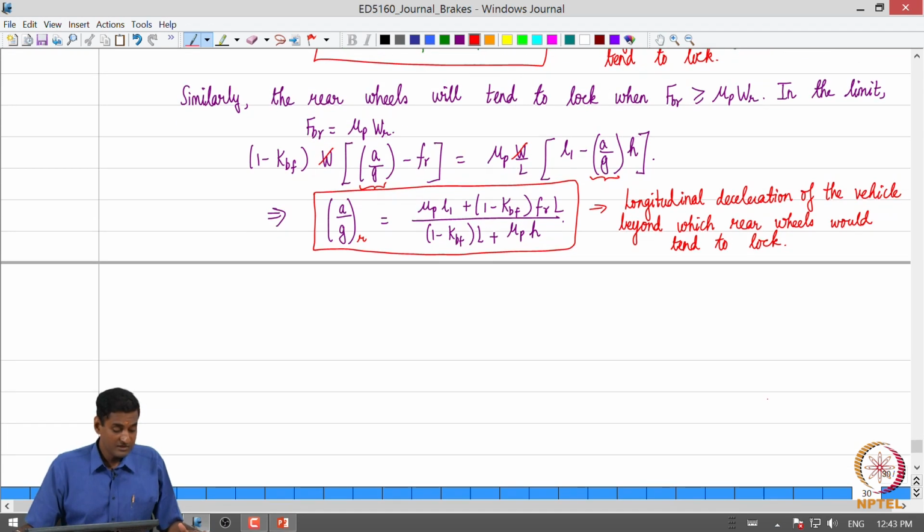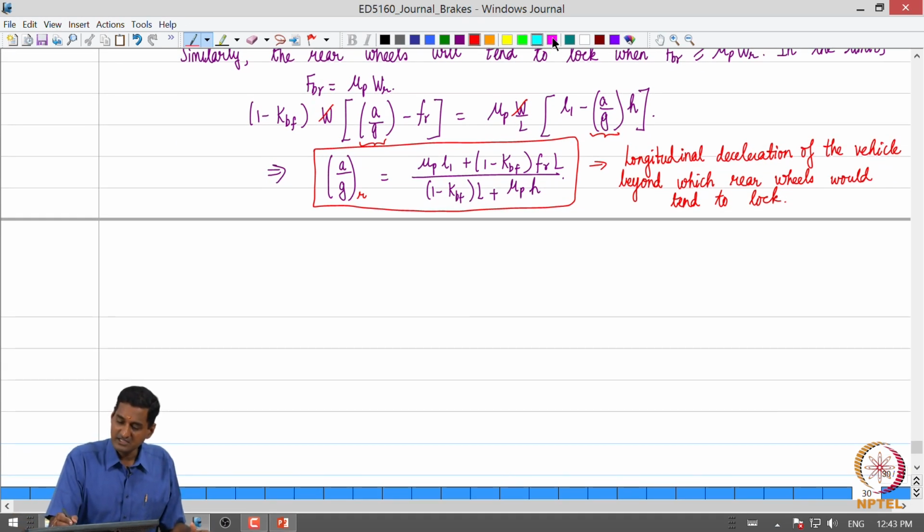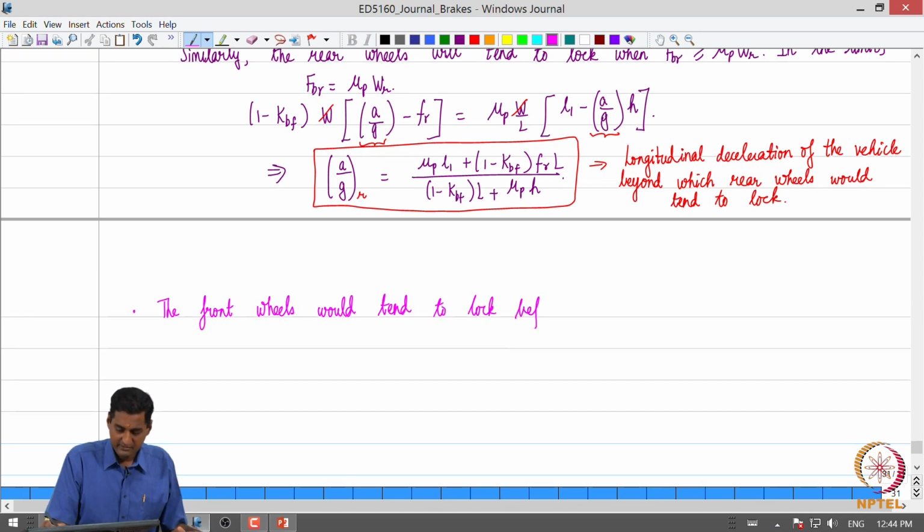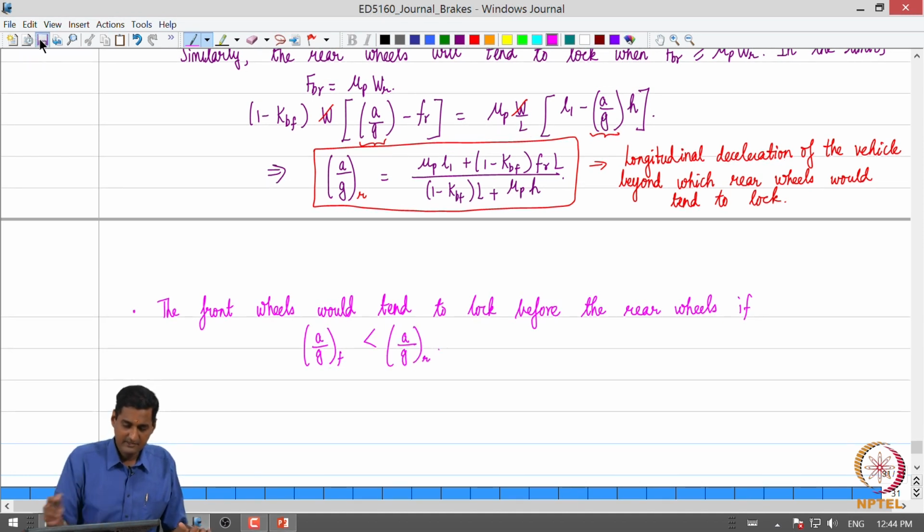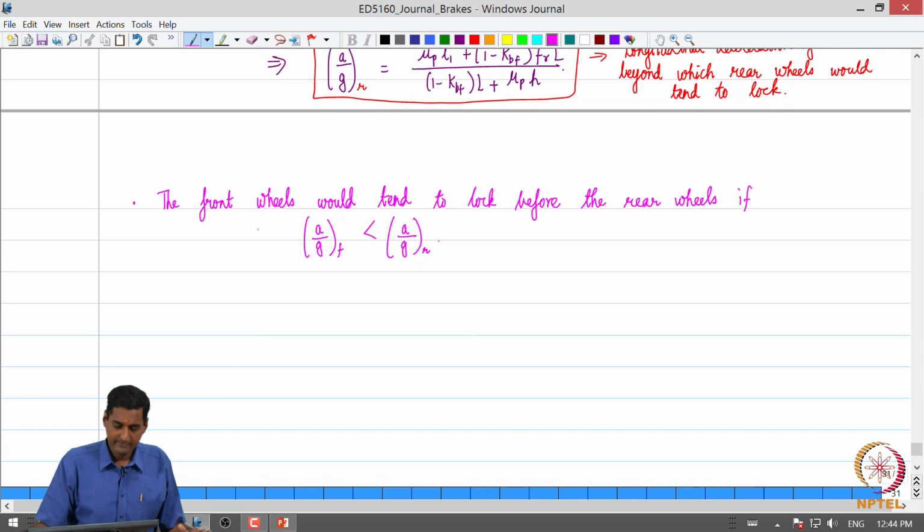So, consequently, we can immediately observe that the front wheels would tend to lock before the rear wheels, if A by G F is less than A by G R. Okay. So, that is the first point.